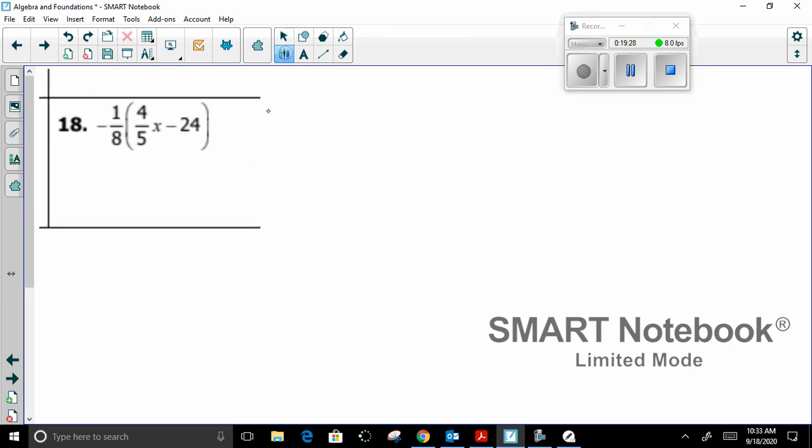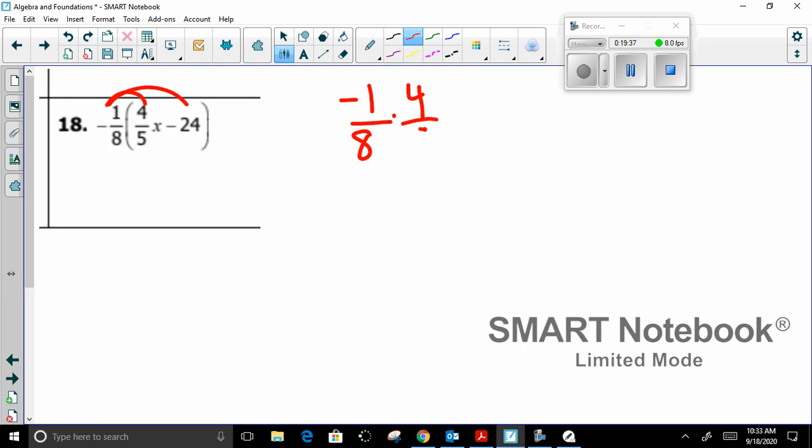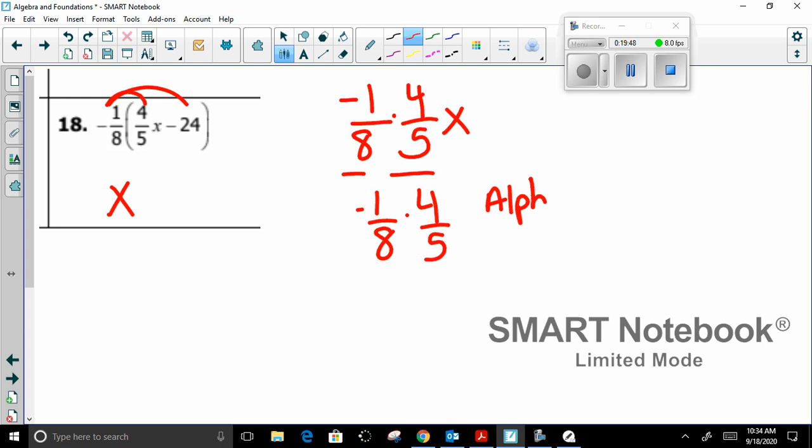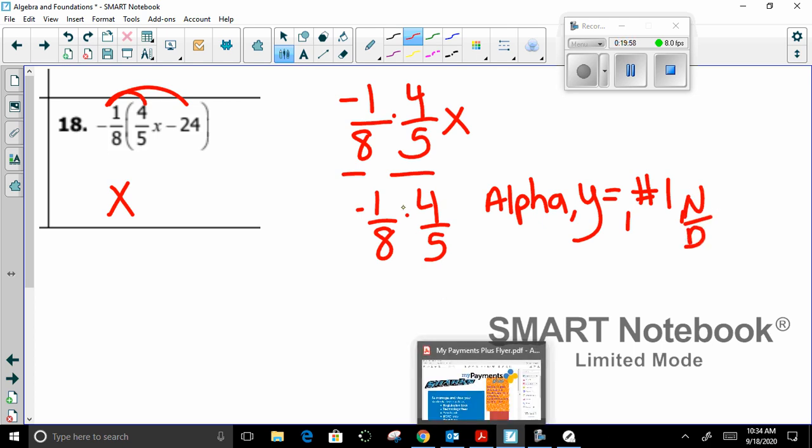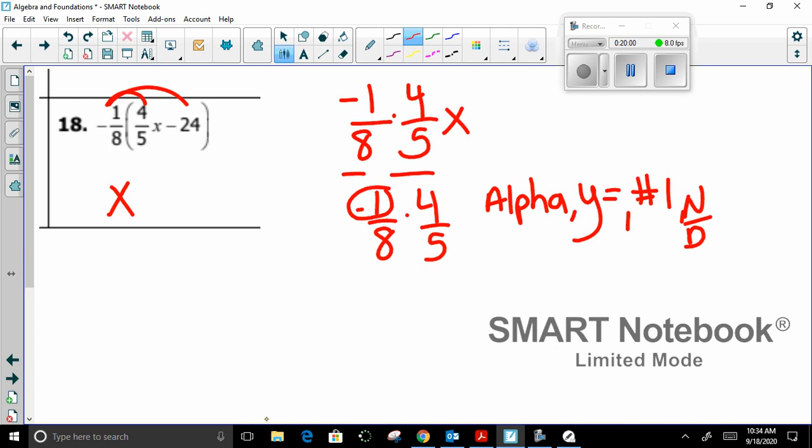This one's fun. We got a little bit more fractions, so we got to remember. Distribute to get rid of parentheses. So I'm going to show you on the side. Negative 1/8 times 4/5 x. Keep the x. Multiply these together. Remember, use your calculator to get a fraction. Alpha, y equals number 1 for the numerator / denominator, and then put in your -1 for your numerator.